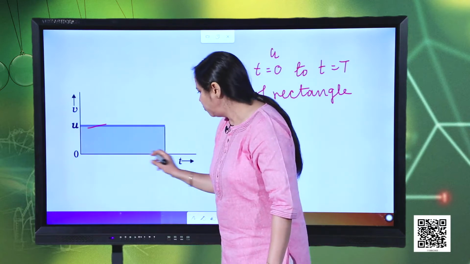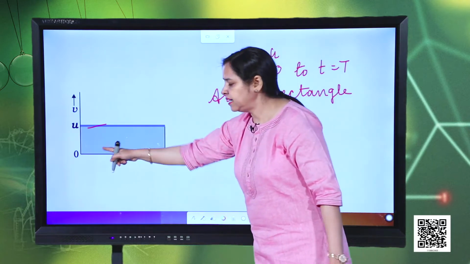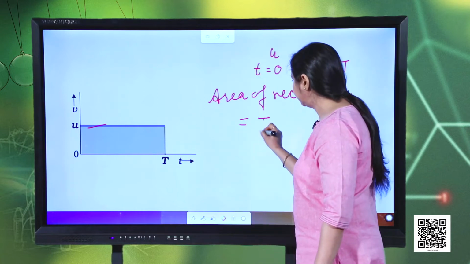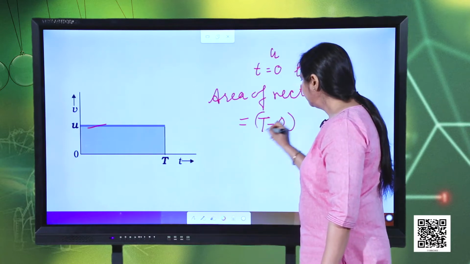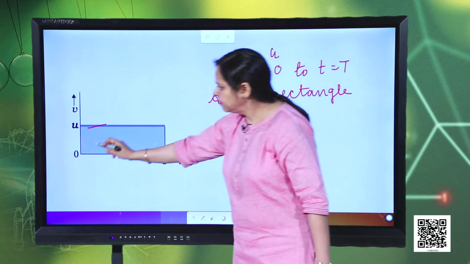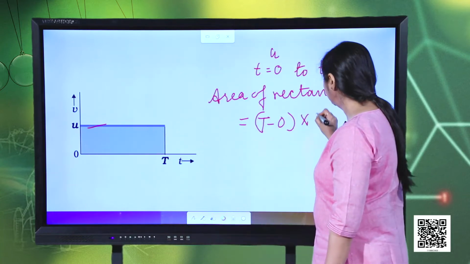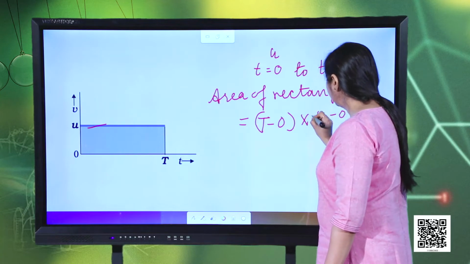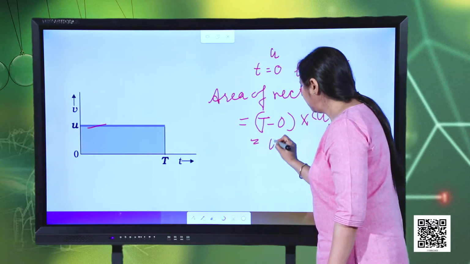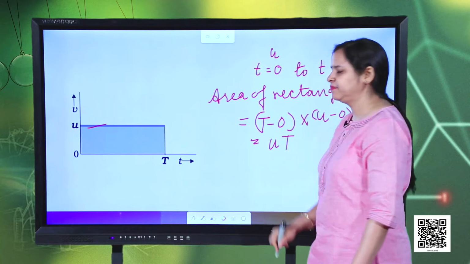So, here one of the dimensions, the length, we can take to be t minus 0, multiplied by its height, or the other side, u minus 0. So, finally we obtain u into t.